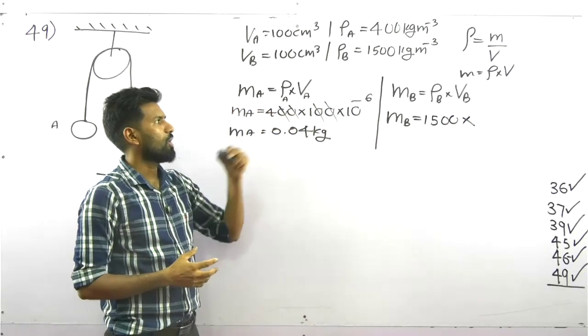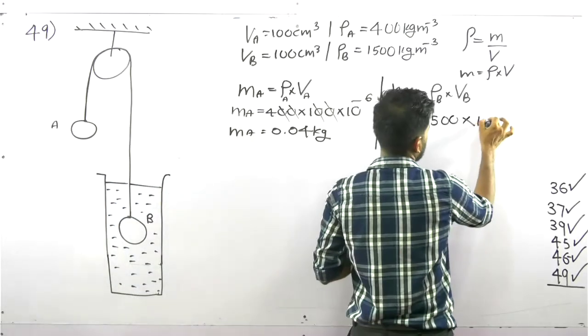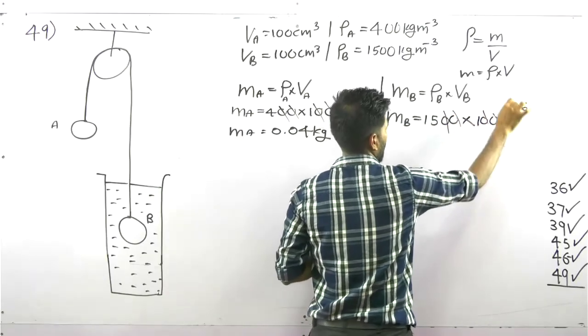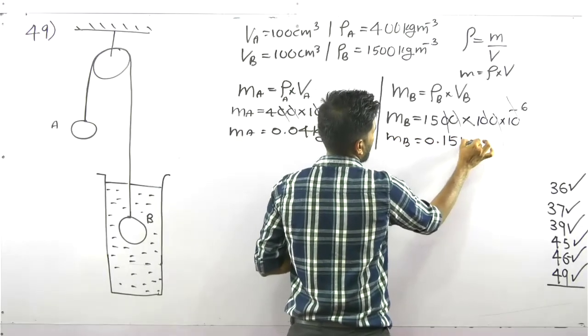And the volume of B is equal to 100 centimeter cubed. So the mass of B is 0.15 kilograms.